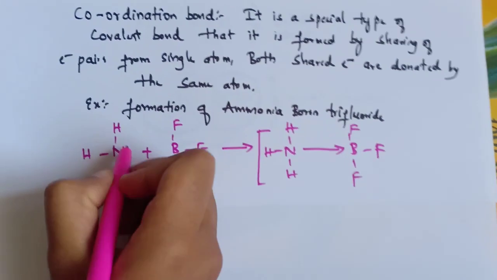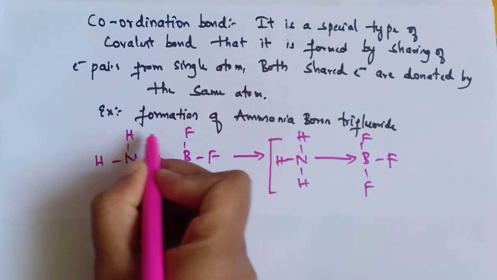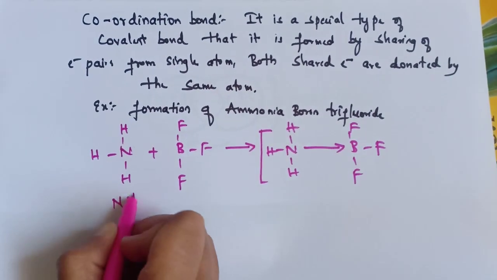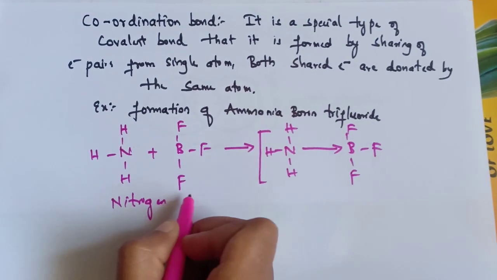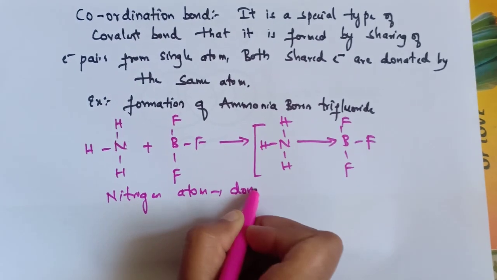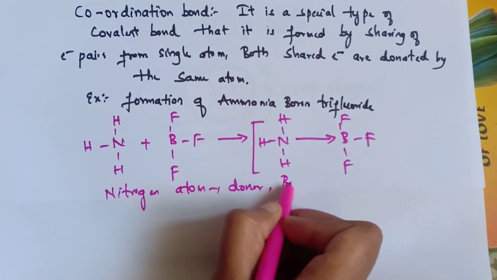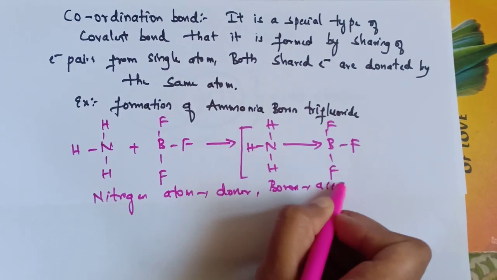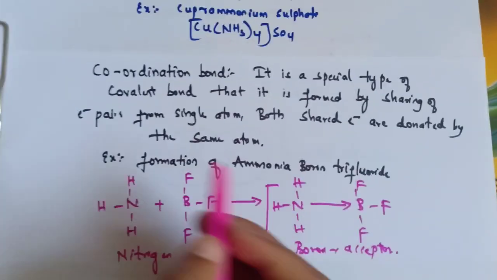It has a pair of electrons. It will donate to the boron atom, and here the nitrogen atom is the donor, boron is the acceptor.